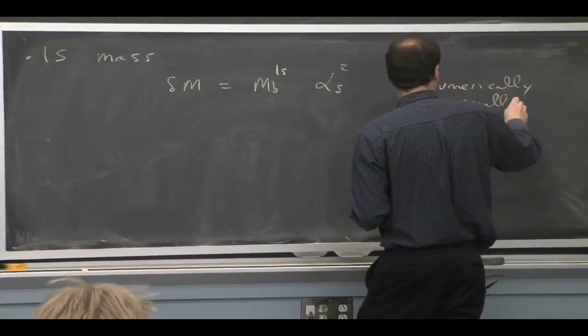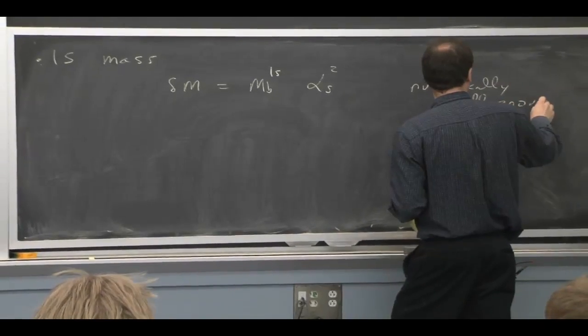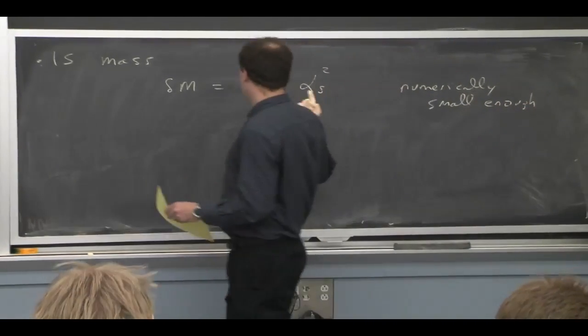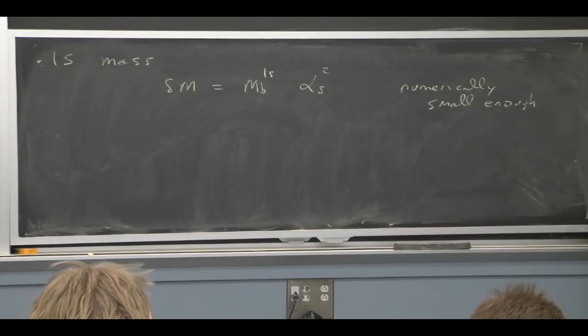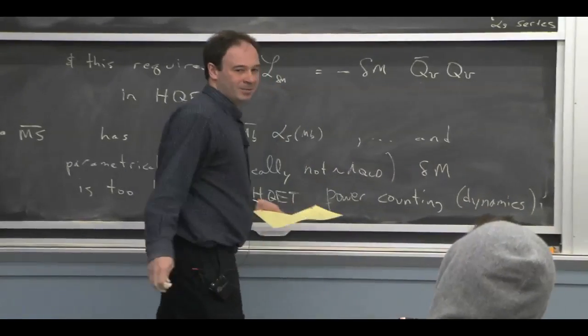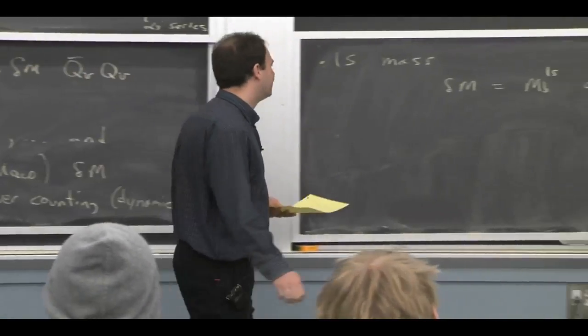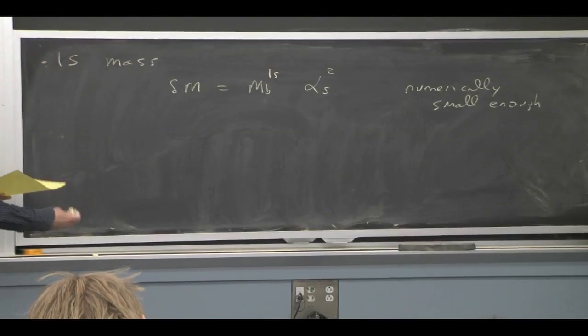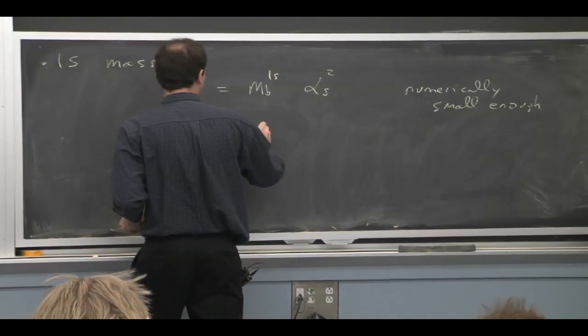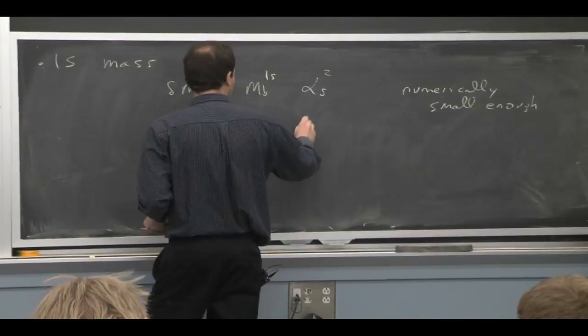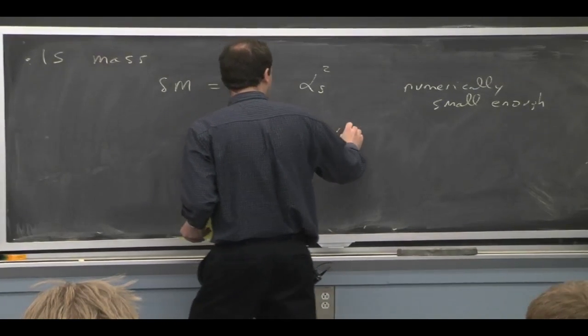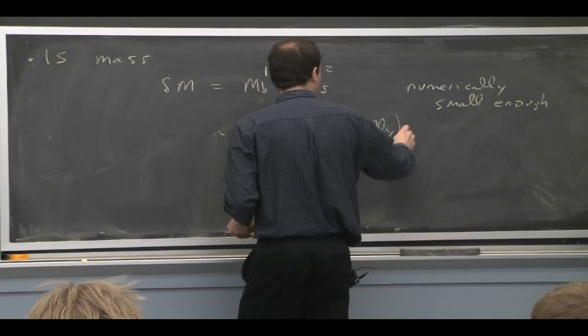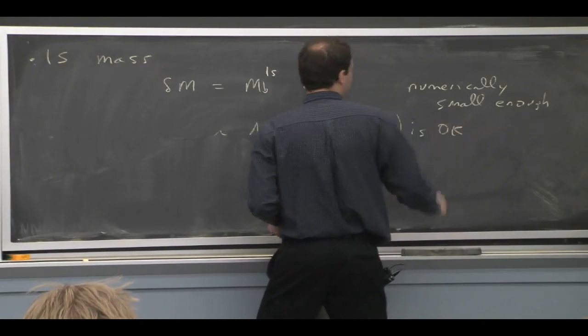It still doesn't make us feel very good because it grows with MB, but if I just care about numerics and I'm doing B quark physics, it works, because the alpha squared is enough suppression that this is a good mass scheme. And that's why the perturbation theory, treating this as order lambda QCD numerically, not parametrically, is okay.